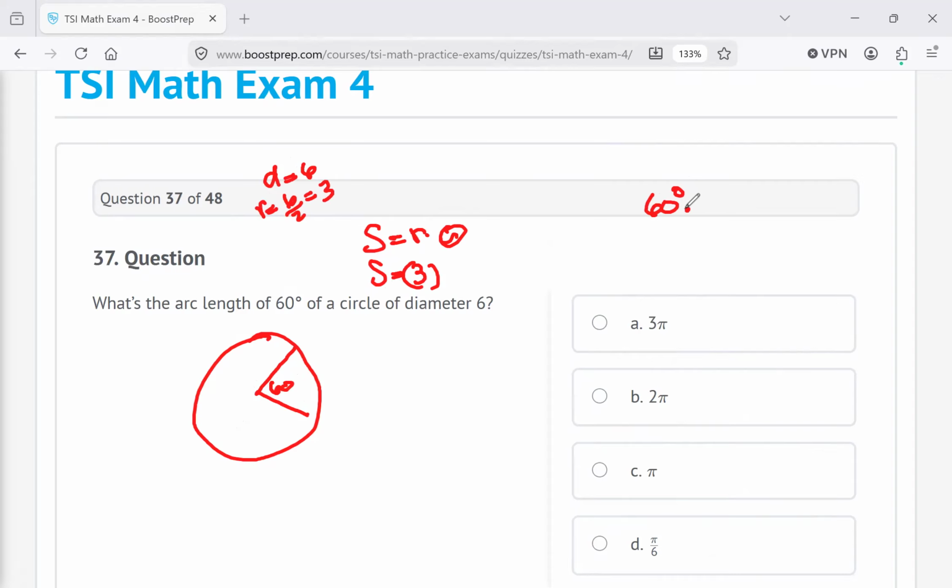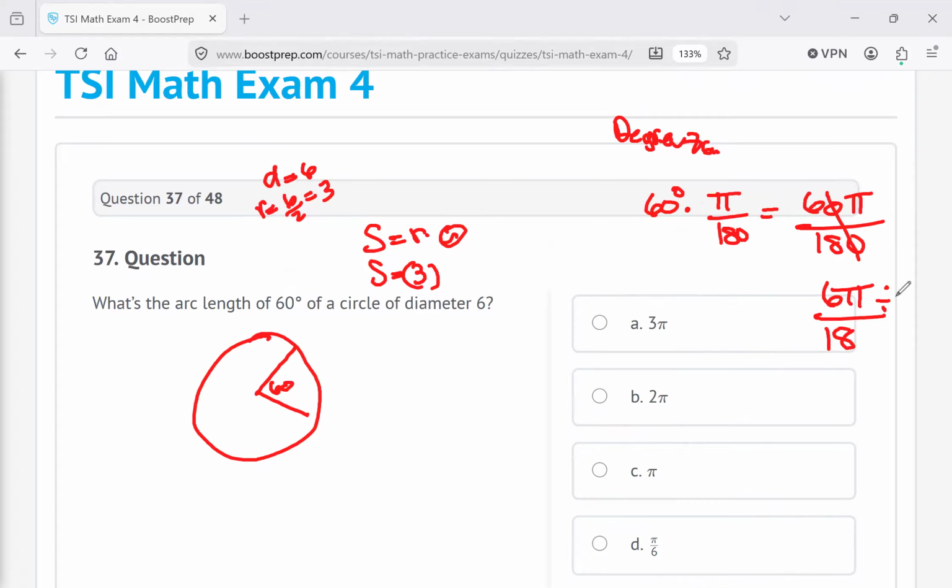If you forgot your unit circle, how do you convert a degree to a radian? All you got to do is multiply by pi over 180, and you get 60 pi over 180. And then try to reduce. So this is going to be 6 pi over 18. Divide this by 6.